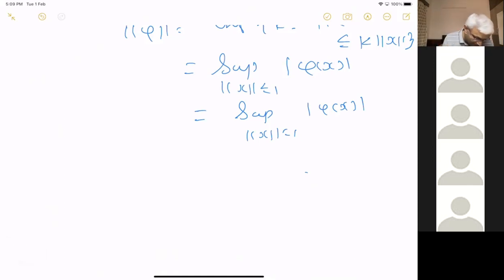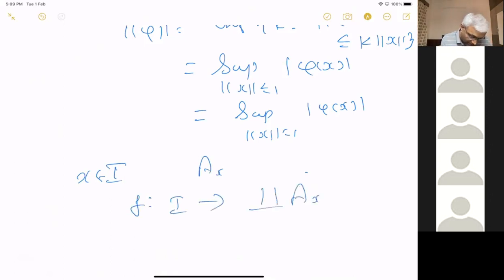If you have a collection of sets, so we have I, and for x in I you have a set A_x. Then you have a function f from I taking values in the disjoint union of the A_x, such that f of x is in A_x. You can form a tuple with these things.